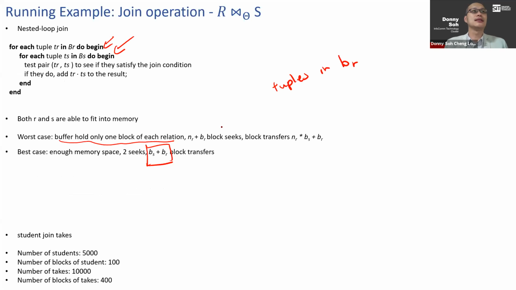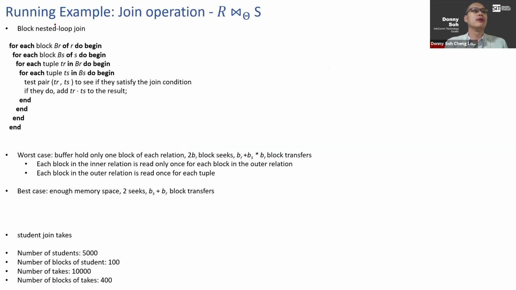Okay, so this is the nested loop join. So tuple. The next one is the block nested loop join. So this is an improvement.